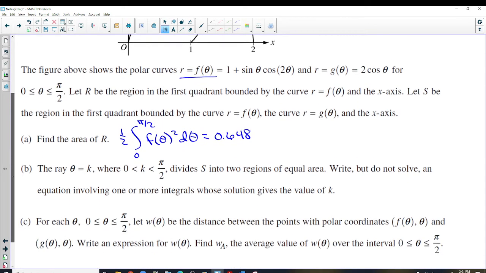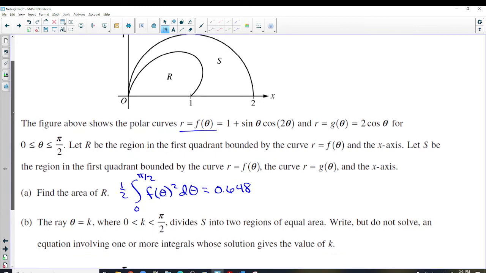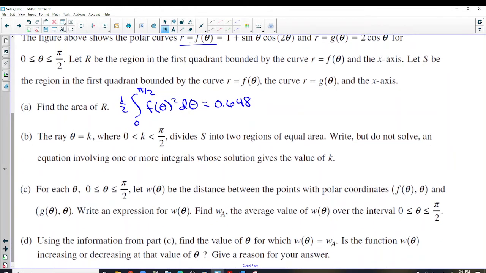The ray theta equals k, where k is between 0 and pi over 2, divides S into two regions of equal area, right? But do not solve an equation involving one or more integrals whose solution gives a value of k. So theta equals k, or we're splitting up S. All right, S is the area in between the two.